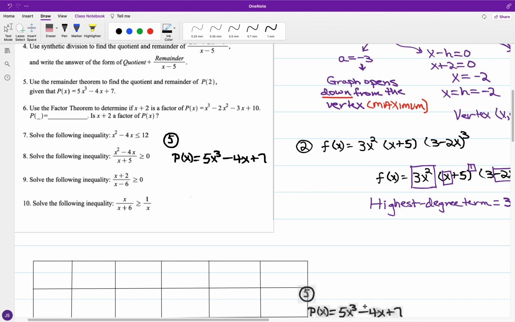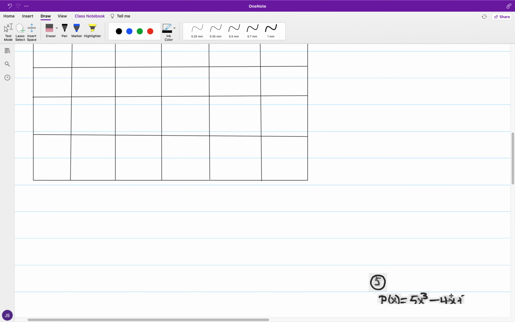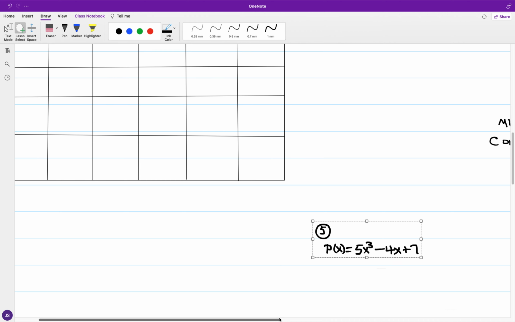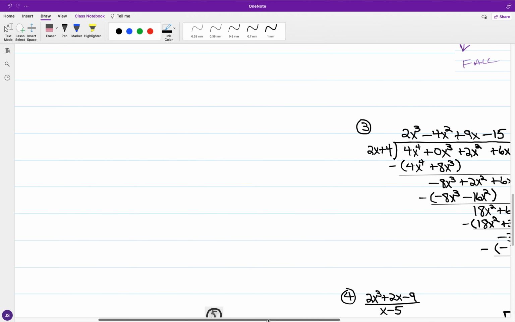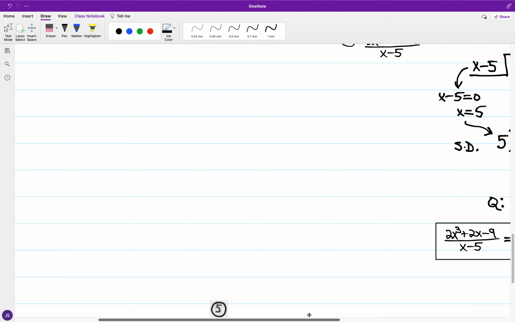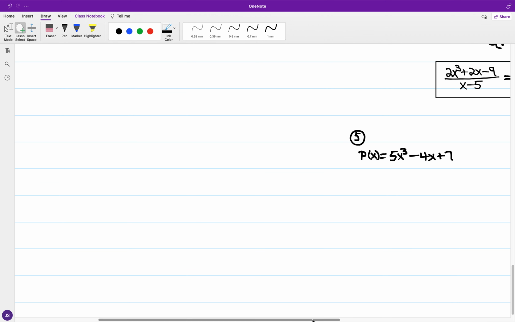And you can find the quotient and remainder in different ways. For this particular problem, we're looking for p of 2.